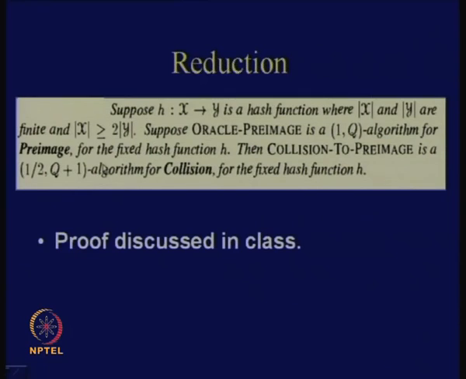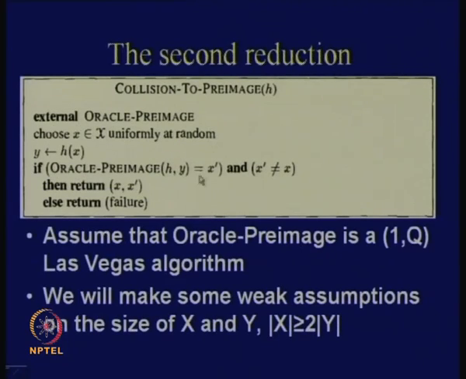Then collision to pre-image is actually a half comma q plus 1 algorithm for collision for a fixed hash function, which means that the probability of success will be half, and q plus 1 is the number of queries that you make. The number of queries being q plus 1 is easy to understand, because if this algorithm makes q queries, then you have actually made q plus 1 queries here.